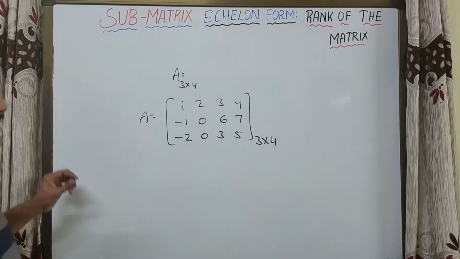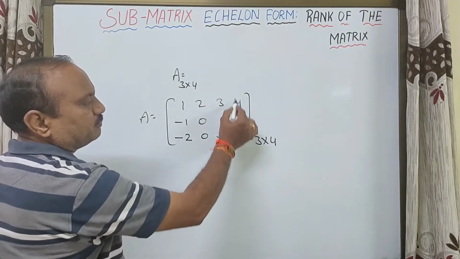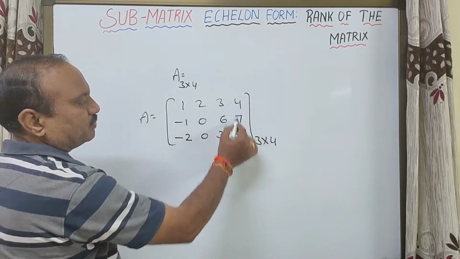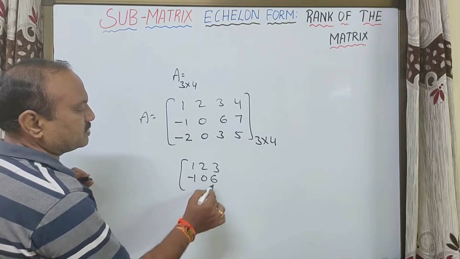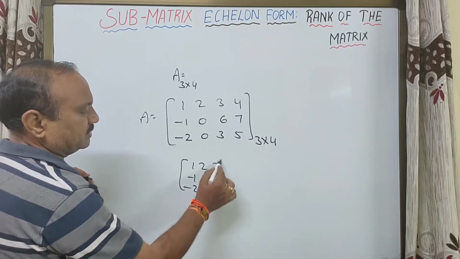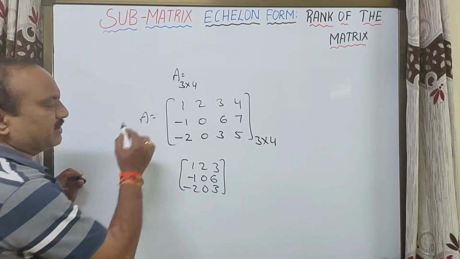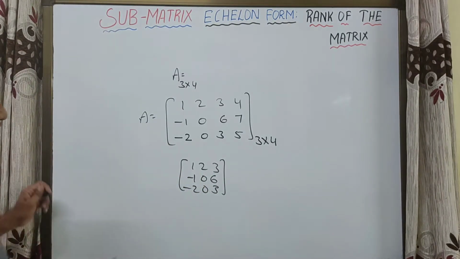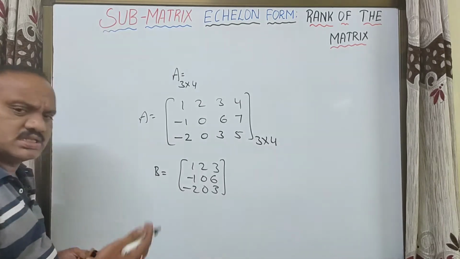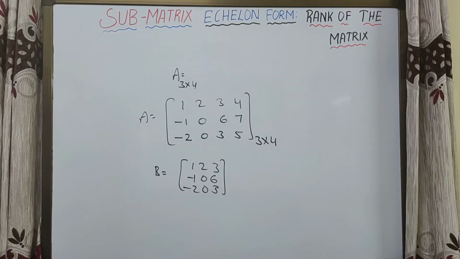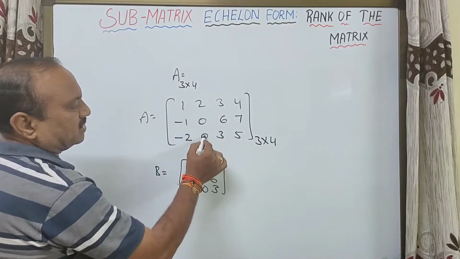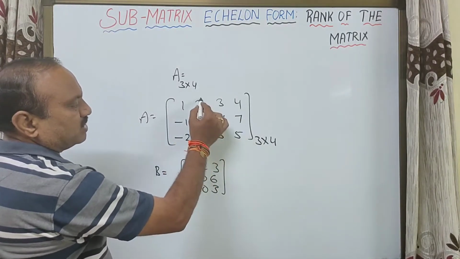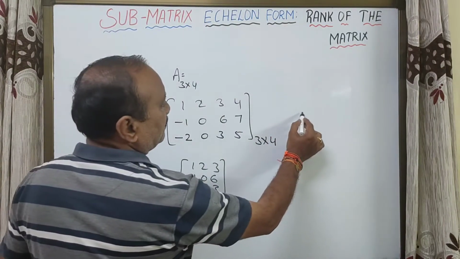Now, by deleting column 4, C4, we get a matrix like this: 1, 2, 3, minus 1, 0, 6, minus 2, 0, 3. This is called a submatrix of A. It is denoted by B or C or X, whatever it may be. By deleting first row and second column, we get another matrix.